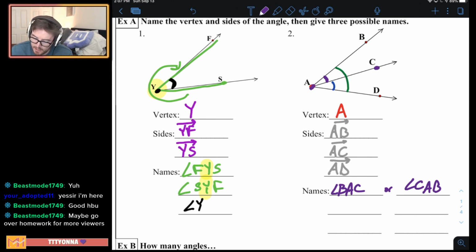Either or makes sense. C to A to B or B to A to C doesn't matter. You're going around the angle. And again, take note that the vertex is that middle point. If I were naming the blue angle, angle CAD, or I could call it DAC, either or makes sense.